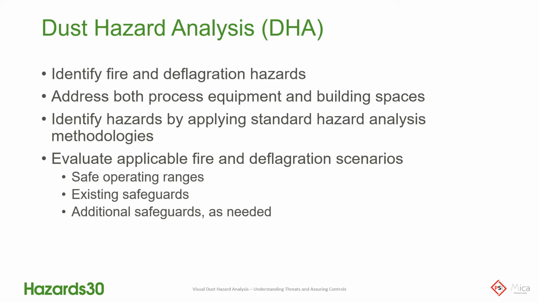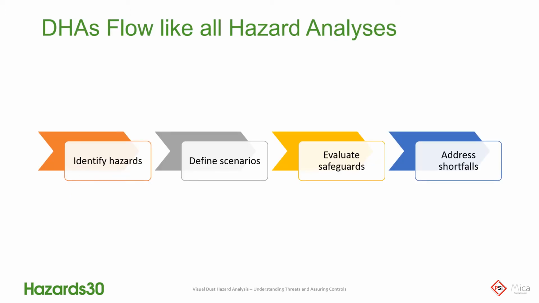And the methods for identifying, applying standard hazard analysis, again, are well known, well understood. And it starts with an understanding of the material, the physical properties, the safe operating or explosive ranges, consideration of what safeguards you may have and any safeguards you may actually need.